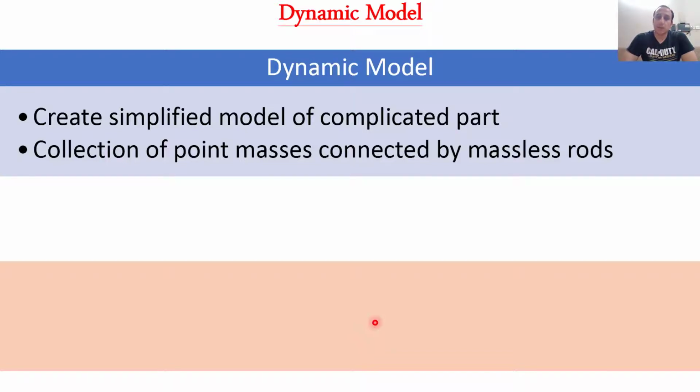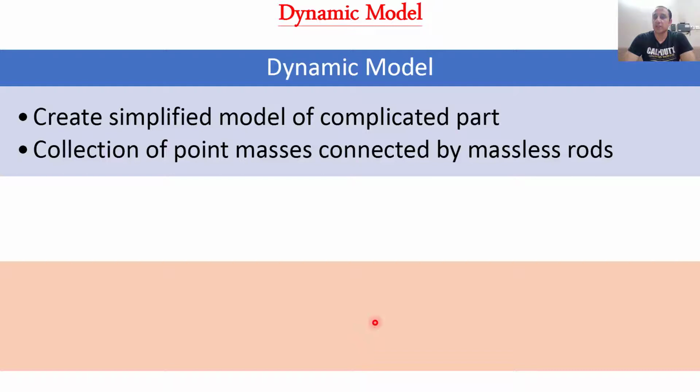So in the simplified dynamic model, we replace the original shape of the part with a point mass. Point mass means the whole weight of the mass is acting at a point, and that point is connected with a massless rod.